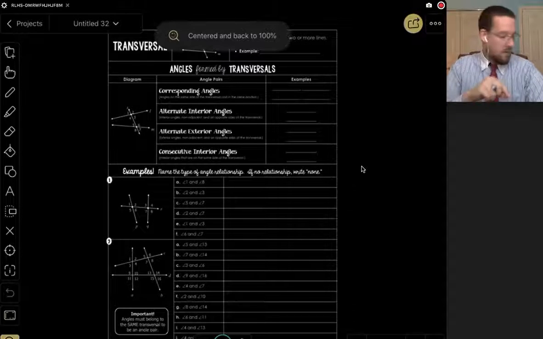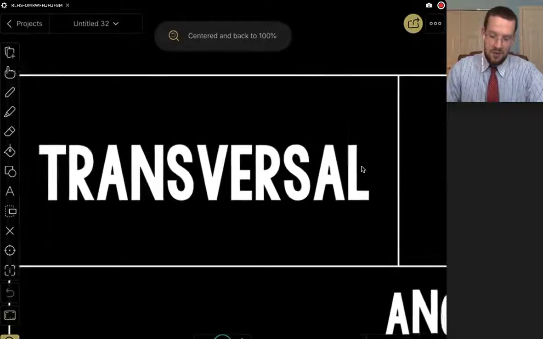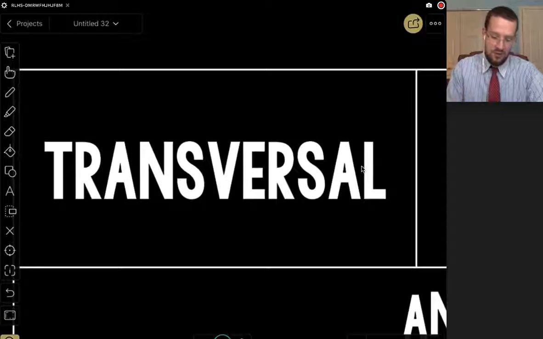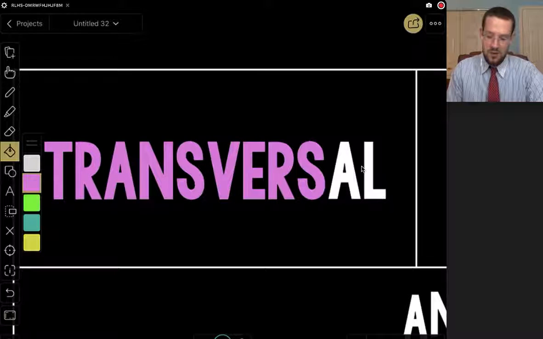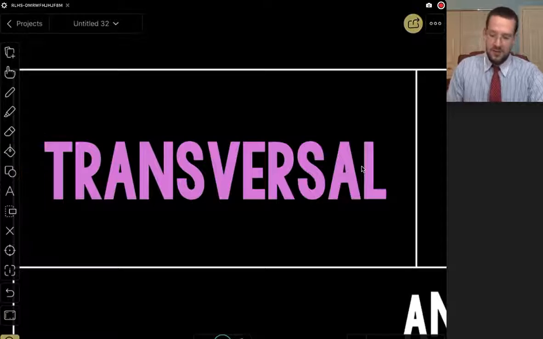So what we are going to be looking at are what are called transversals. These are lines that transverse two other lines, right?